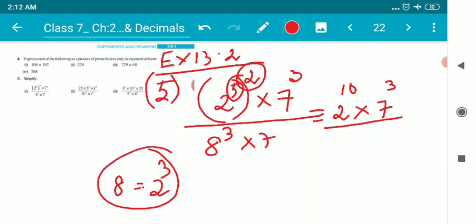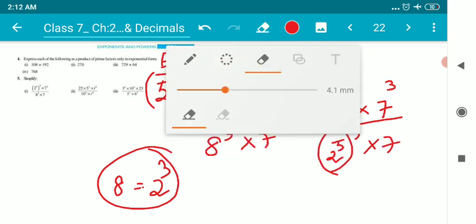Of course we can, because in exponential notation 8 is 2 to the power 3. So I'm just going to express 8 as 2 to the power 3, and there is another power that is 3, into 7. So it will be written as it is.